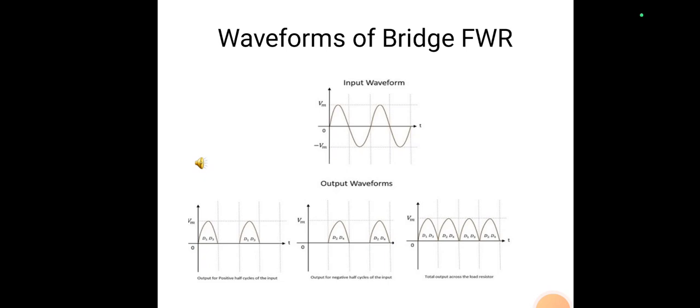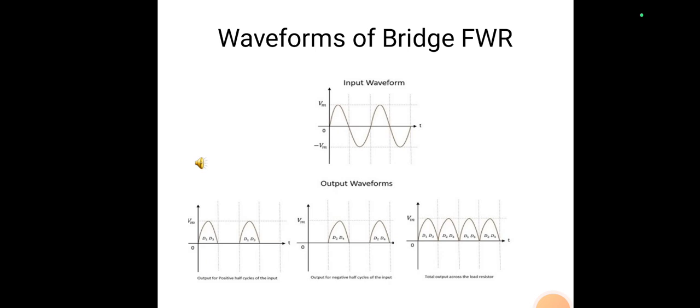This is the AC input waveform, and on the left side is the output for the positive half cycle. During the positive half cycle of the AC input, you get the same output as the input. That is, during this positive half cycle, diodes D1 and D3 conduct, and D2 and D4 are in the off condition, so you get output only for the positive half cycle.